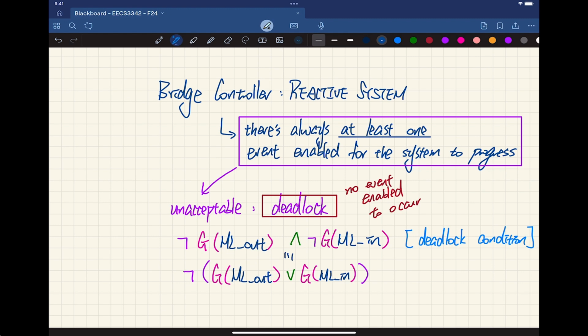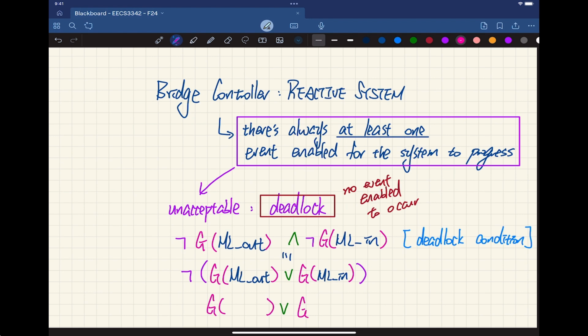So the final condition I would need for this page is this condition here. Finally, I get the g of this or the g of that: ML out, ML in.